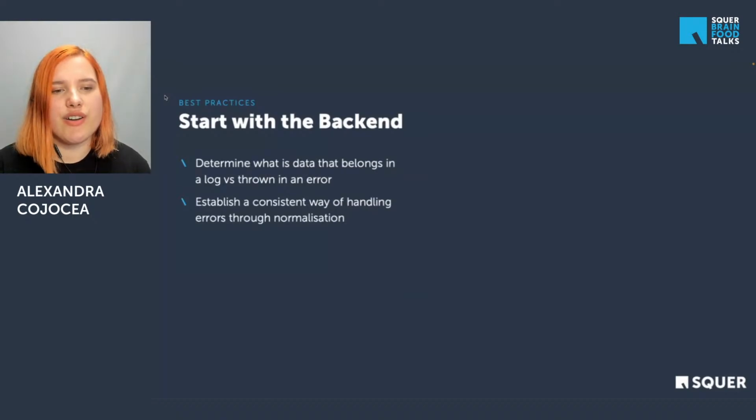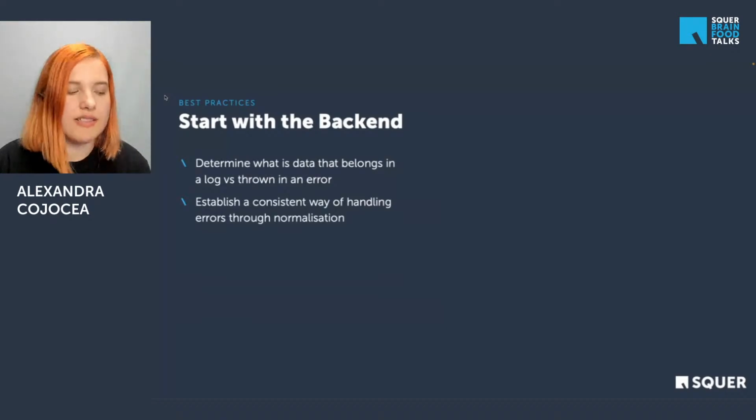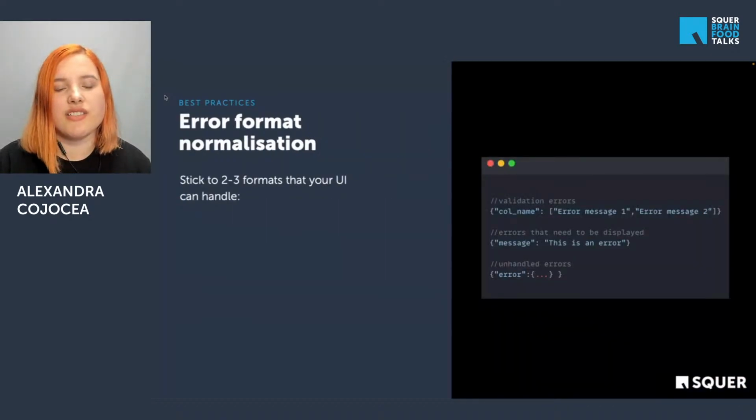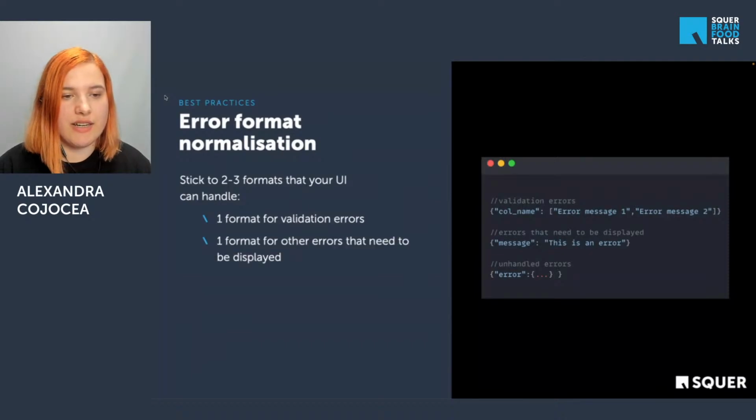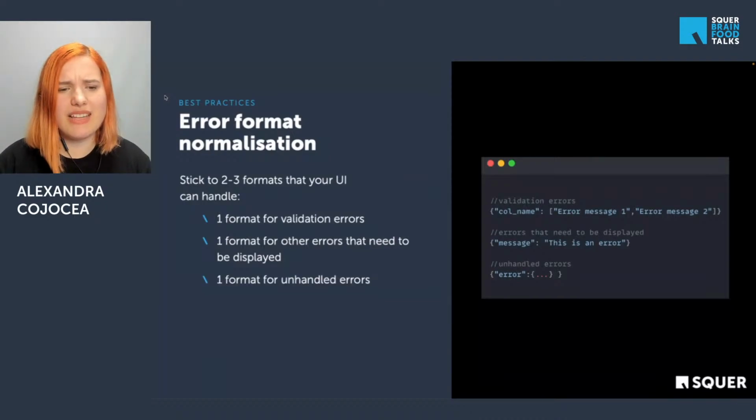And then I would encourage you to have a consistent way of handling errors. I would suggest having two or three formats that your UI can handle, and I would split it into one format for validation errors, one for errors that you need to display and know are likely to happen, and one for unhandled errors.